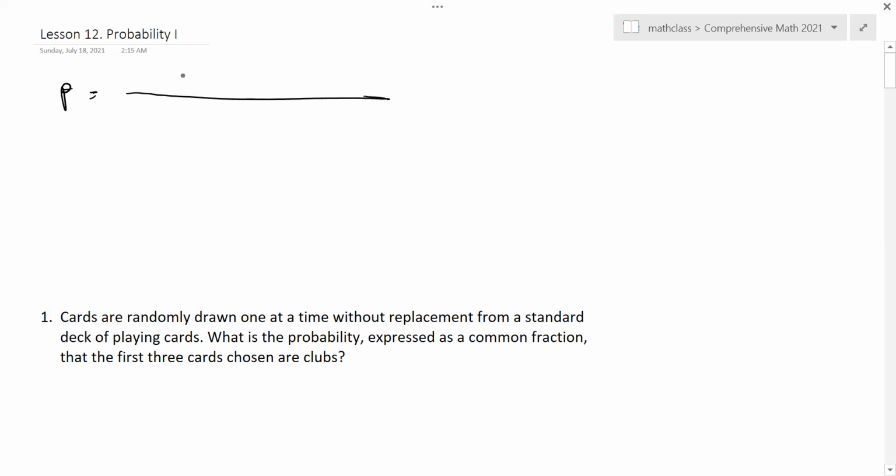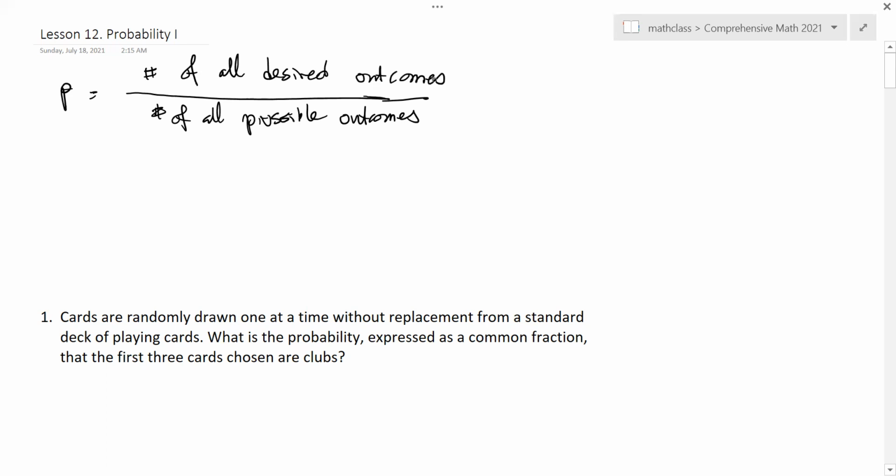The denominator is the number of all possible outcomes, without any restriction. And the numerator will be the number of all desired outcomes with the restriction. So that's the definition.